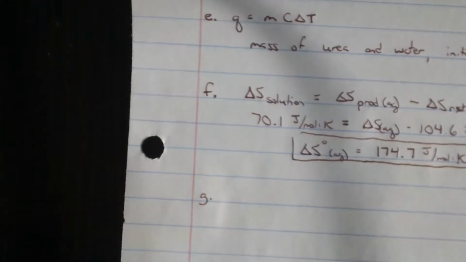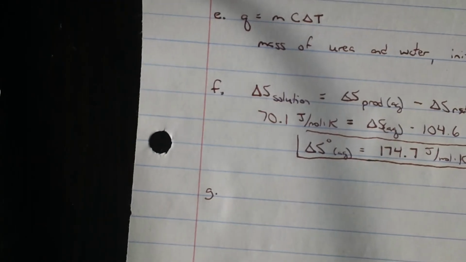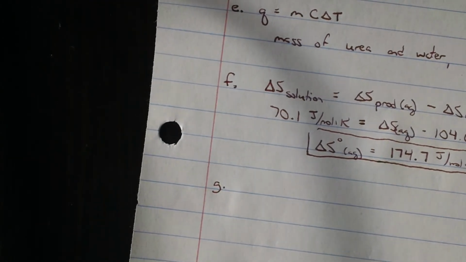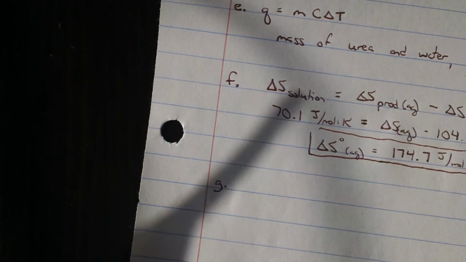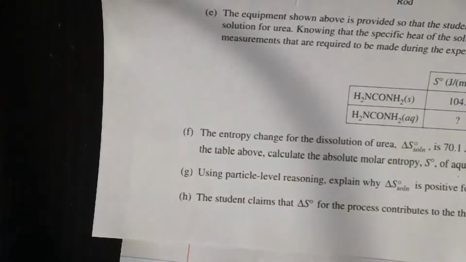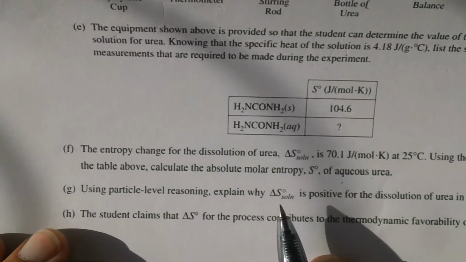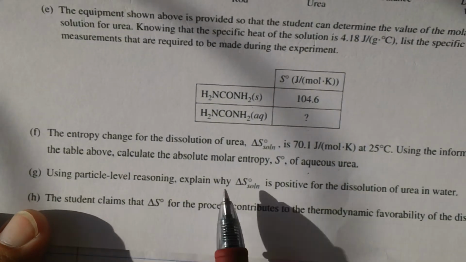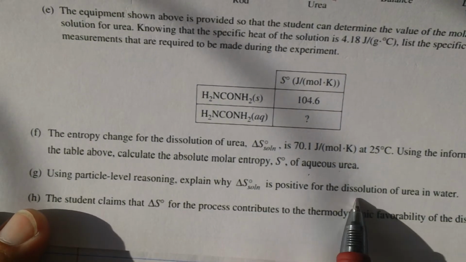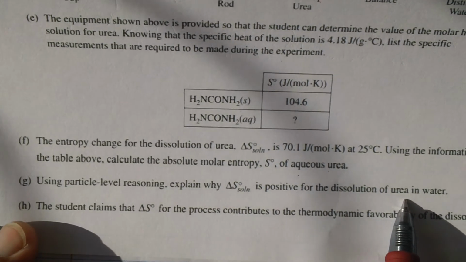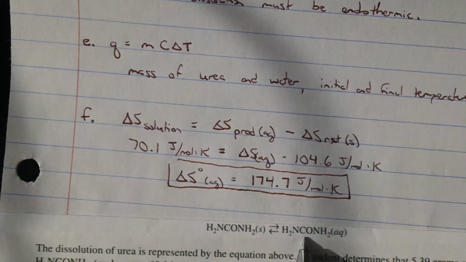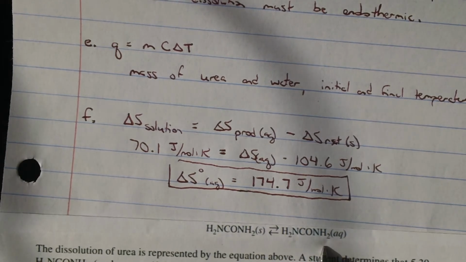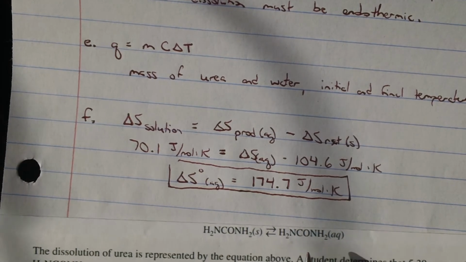We got a couple little things to go here. Part G. I just lost my question somewhere. Where'd you go, question? Oh, there it is. Part G says, using particle level reasoning, this is another one we should be able to get, explain why delta S for the solution is positive for the dissolution of the urea in water. Why is it an increase? All they're asking, why is it an increase in entropy going from solid to aqueous?